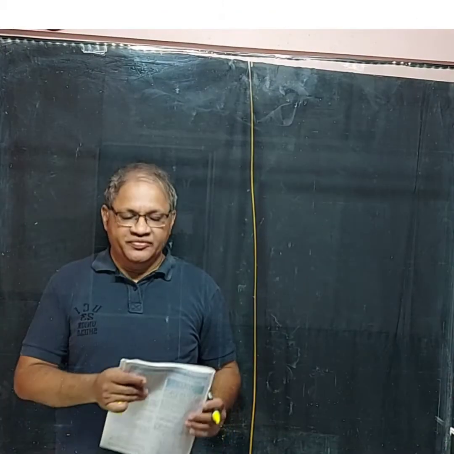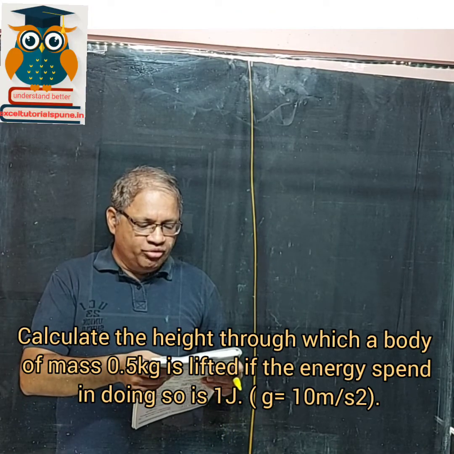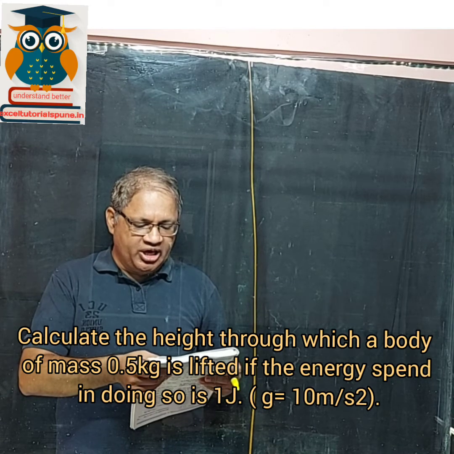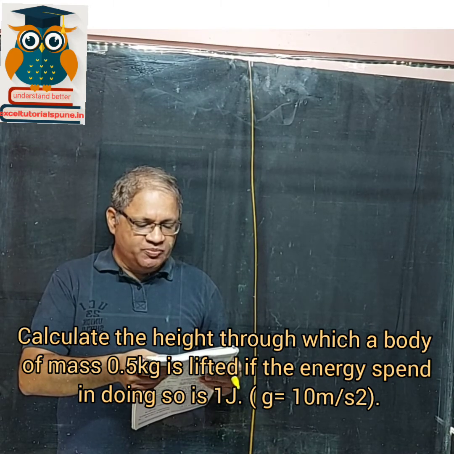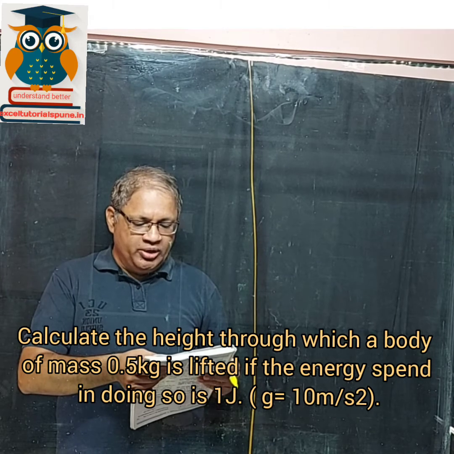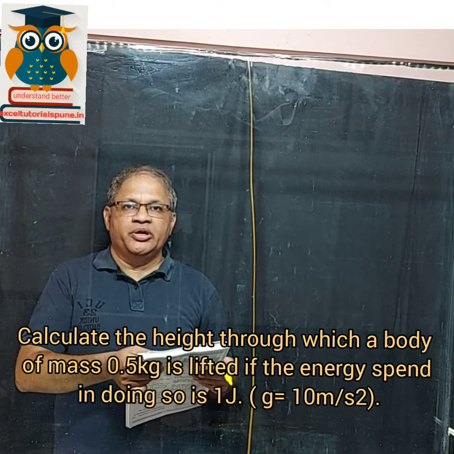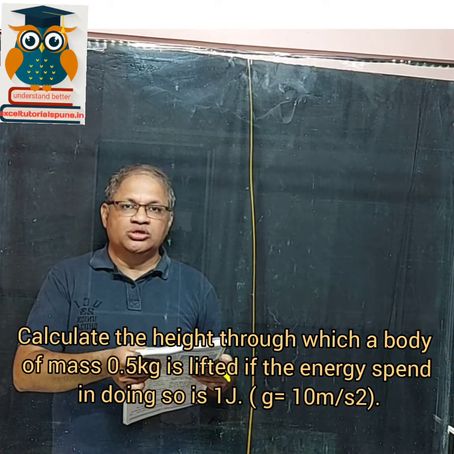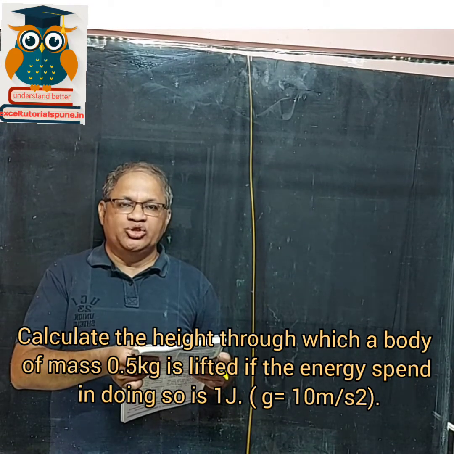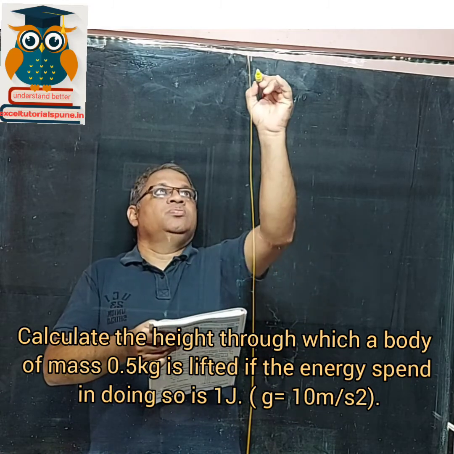We solve the fifth sum. Calculate the height through which a body of mass 0.5 kg is lifted if energy spent in doing so is 1 joule. Take g as 10 meter per second square. Write down the particulars first and then we'll use the formula for energy, that is mgh.